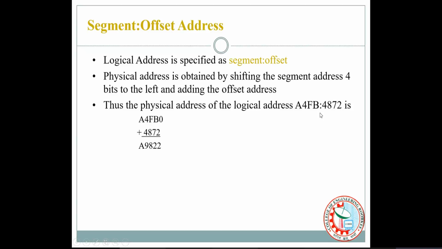If it is written like this, it means A4FB is the start of the segment, and 4872 is your offset. So you know the formula: A4FB multiplied by 10 becomes A4FB0, and 4872 is simply added, giving A9822. So just remember, this is also one way of writing it.